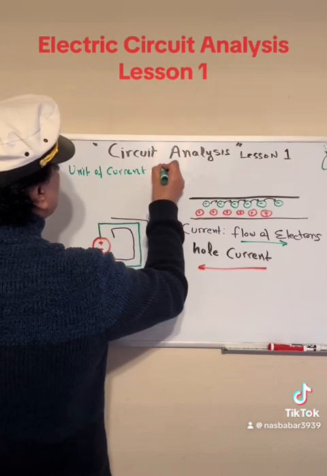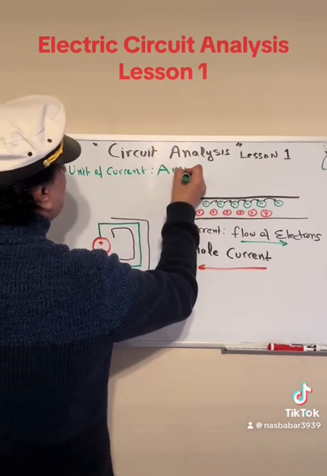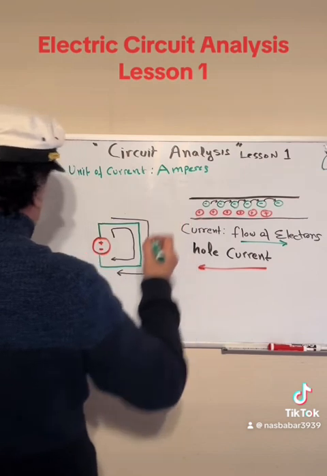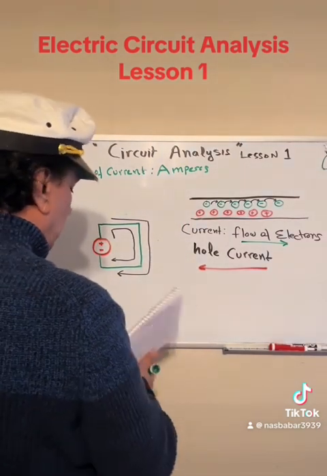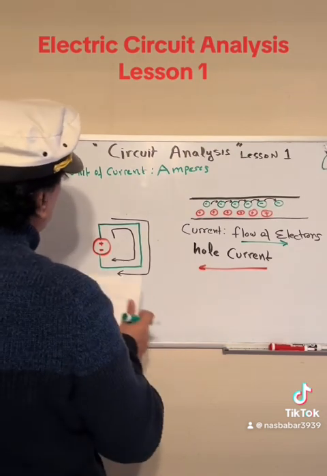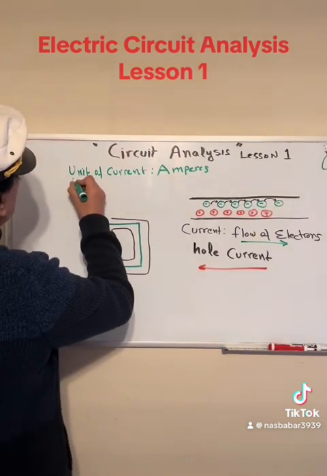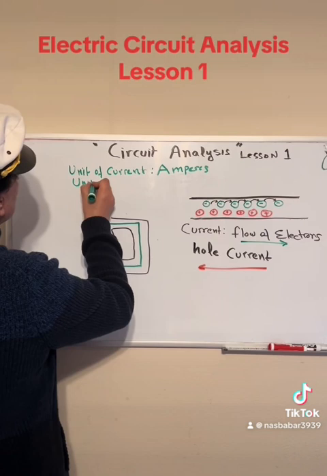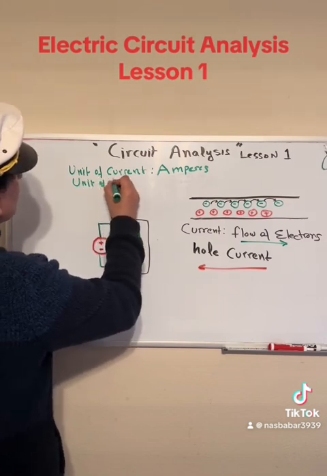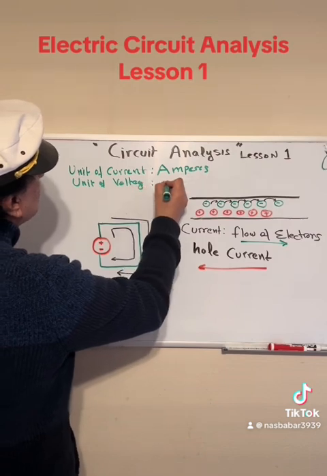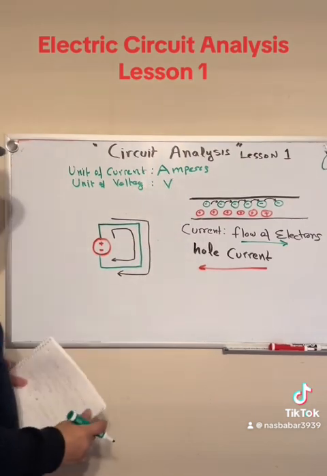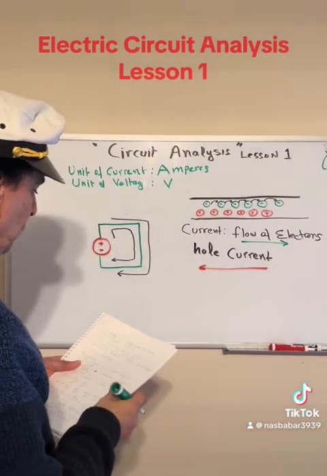Okay, amperes. So when you say it's amperes, what would be the unit of voltage? The unit of voltage is V. Okay, so I'll explain in just a minute what the voltage is.